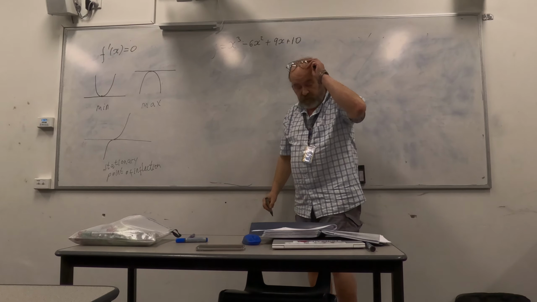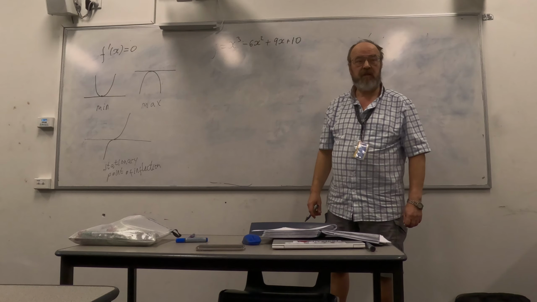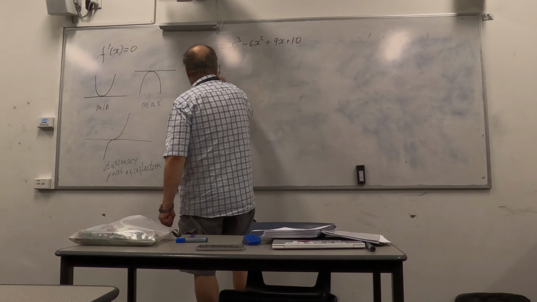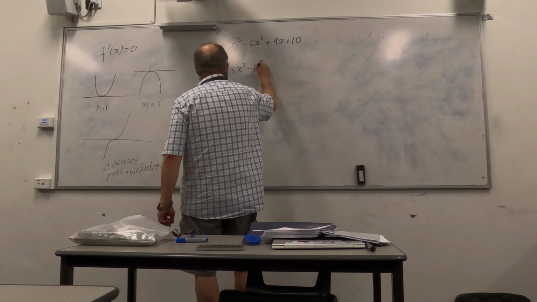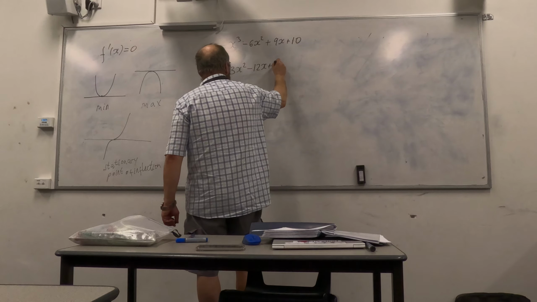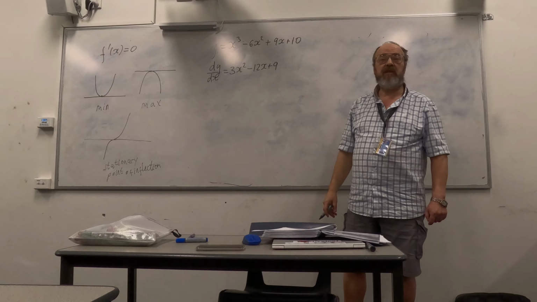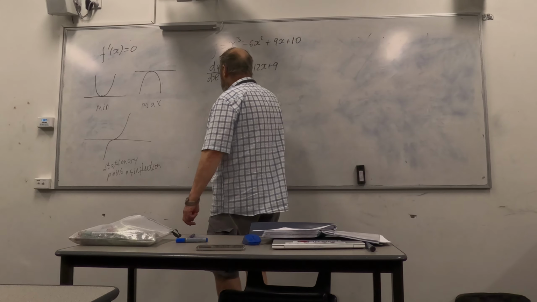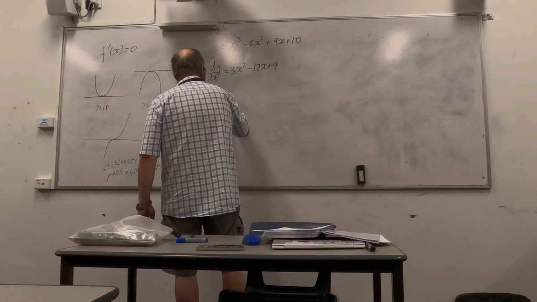To find the turning points, the stationary points, let's differentiate it. So dy/dx equals 3x squared minus 12x plus 9. Now we need to equate it to 0 to find where the derivative is 0.